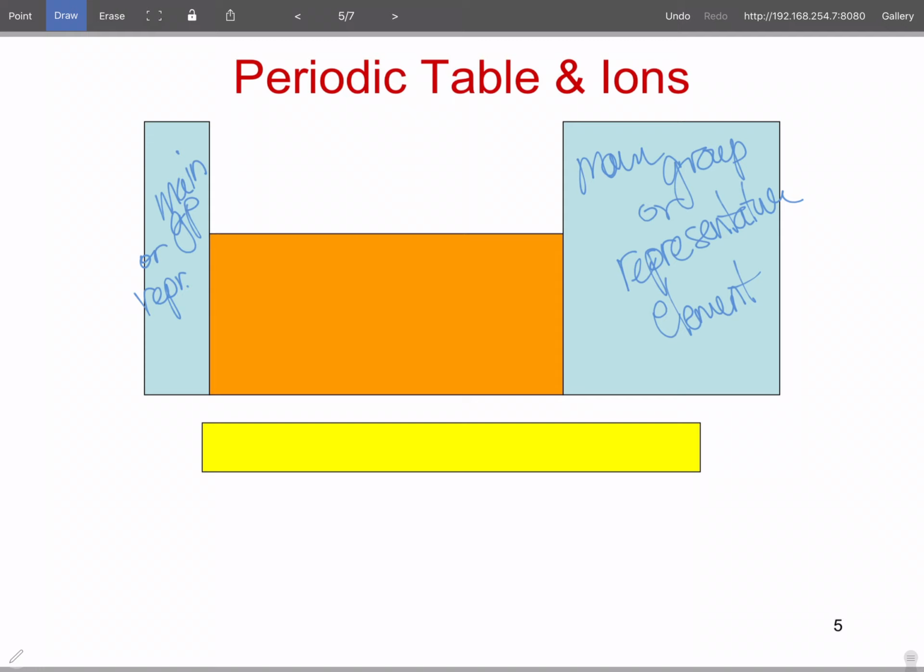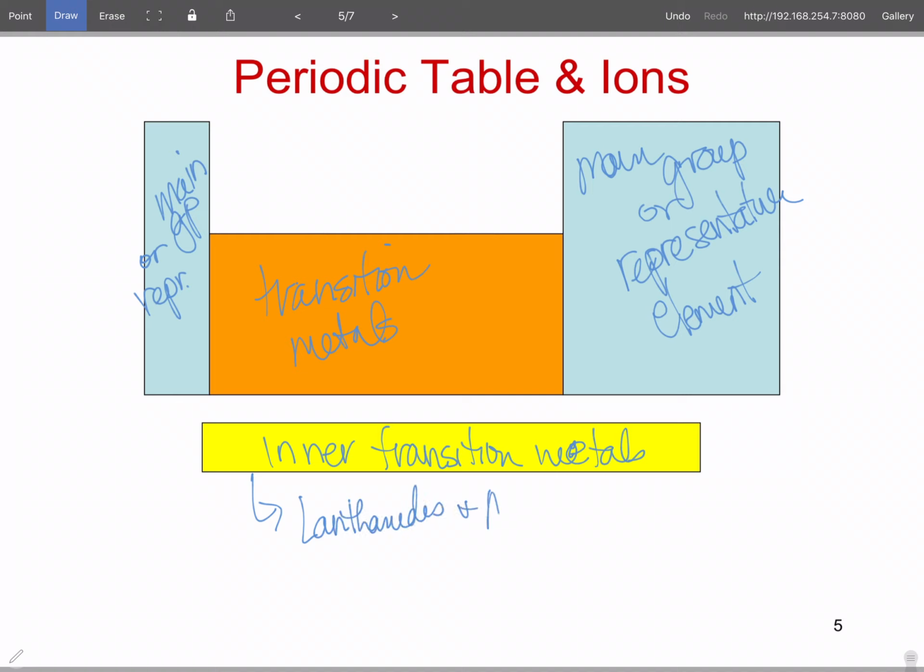More about why they're arranged the way they are when we get to electron configurations, but hang with me right now. So this group here are the transition metals. And here are the inner transition metals, also known as the lanthanides and actinide series.